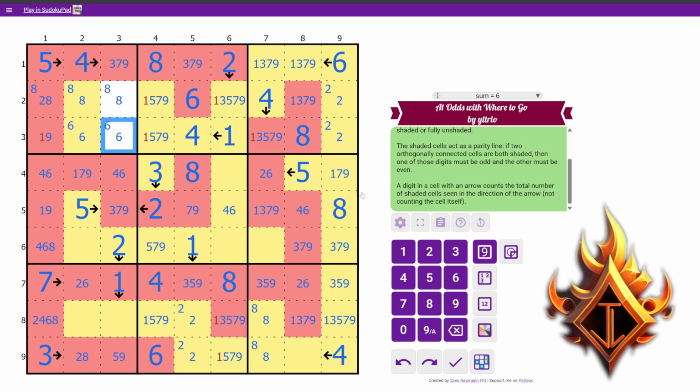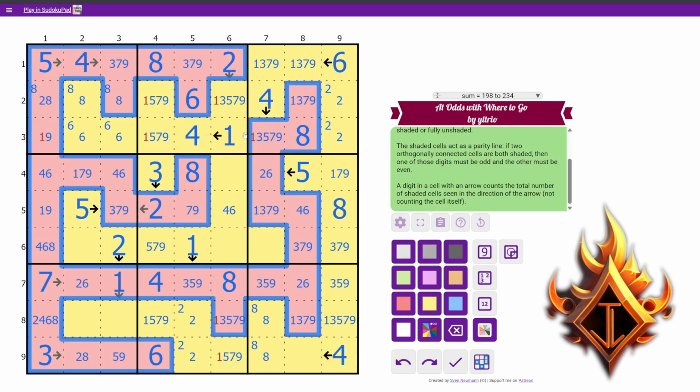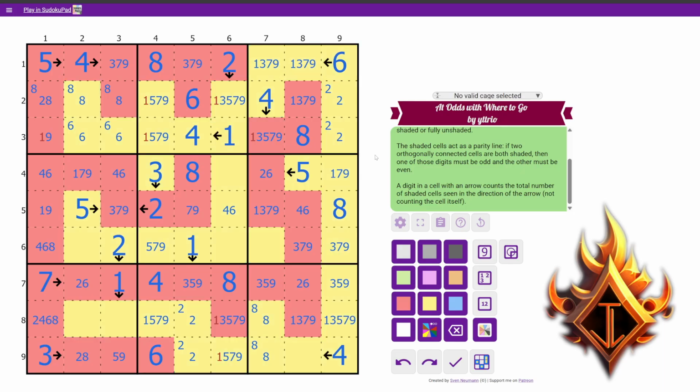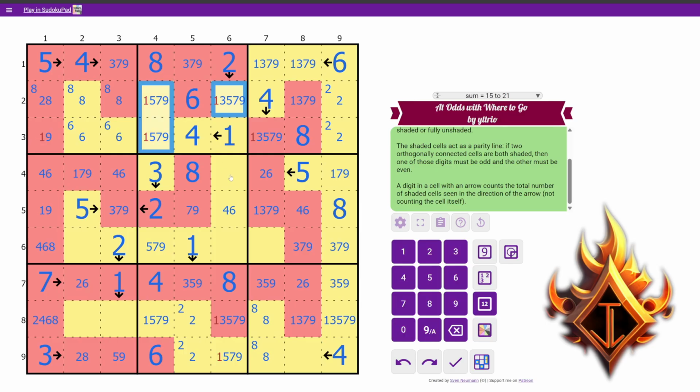And now we have our finished yin yang, and they are all orthogonally connected. There are no 2x2s.